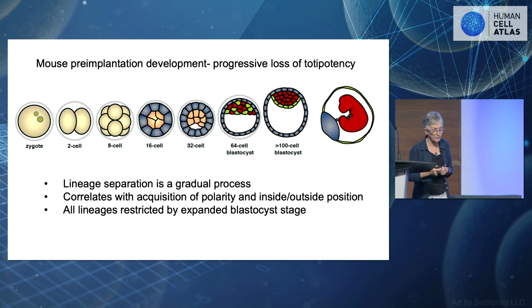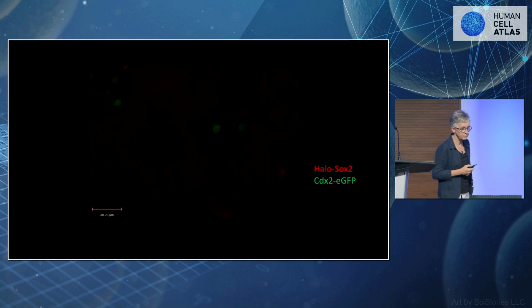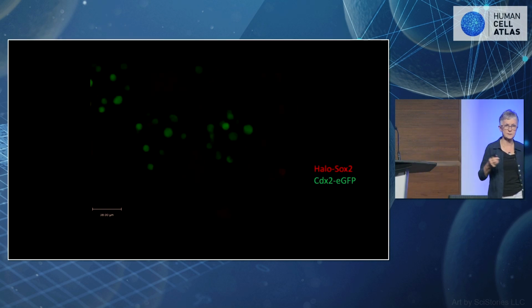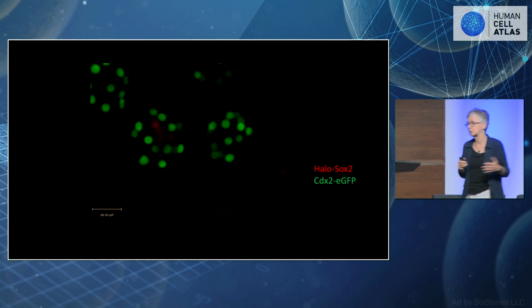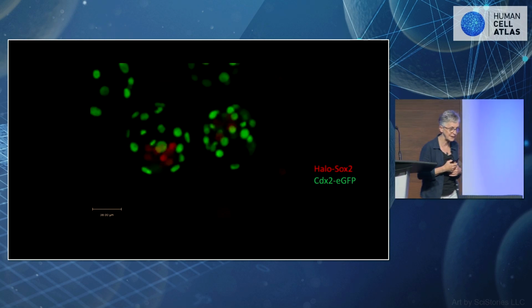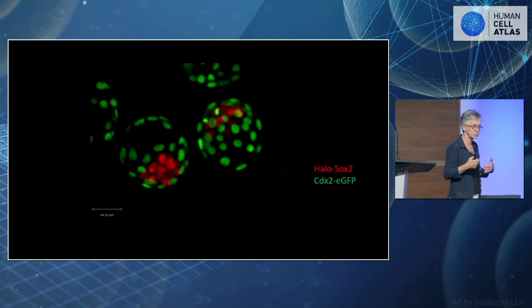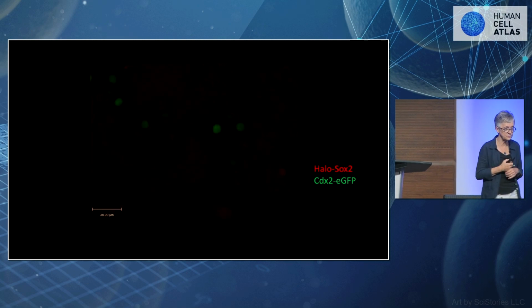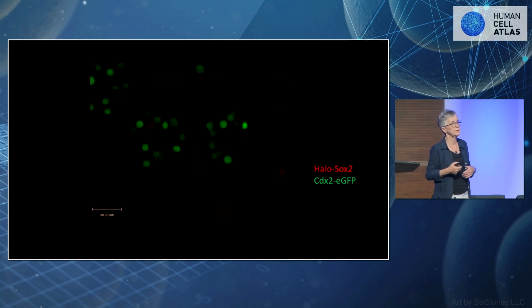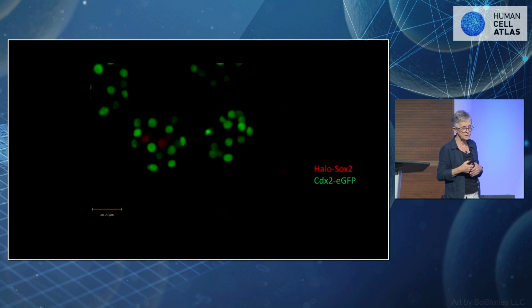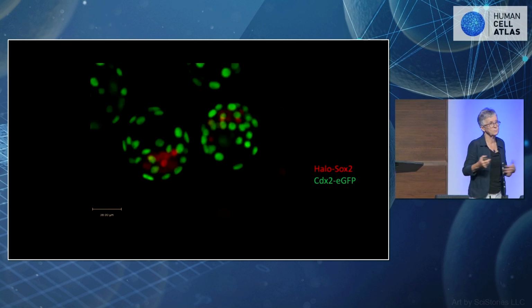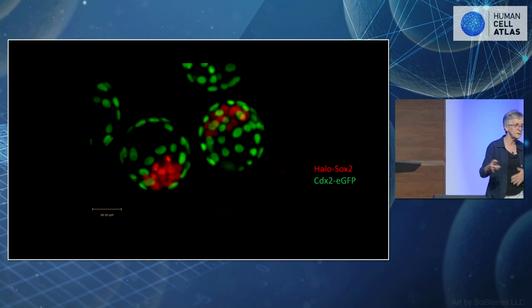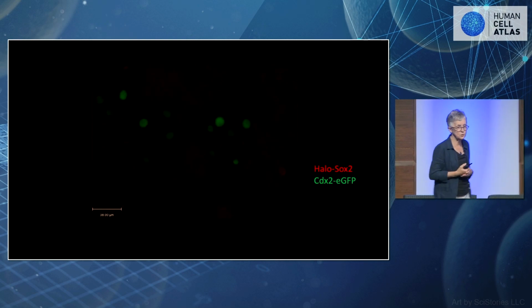What we also know is, by the time you get to that blastocyst in the mouse, you can actually watch this process now, because we can tag all these important proteins, transcription factors like CDX2, which is a trophectoderm transcription factor. SOX2 is another pluripotency factor. We can tag them using CRISPR with either HALO or GFP, your favorite fluorescent tags, and then do time-lapse imaging.